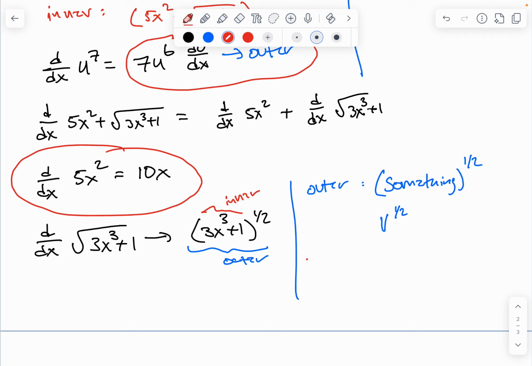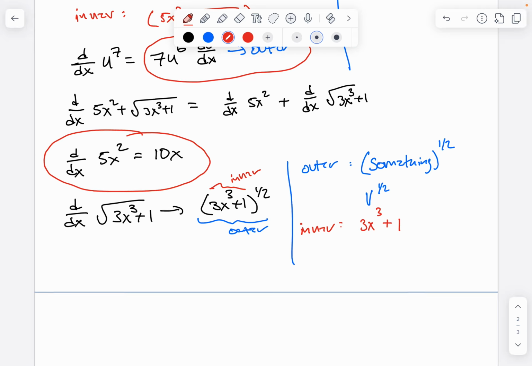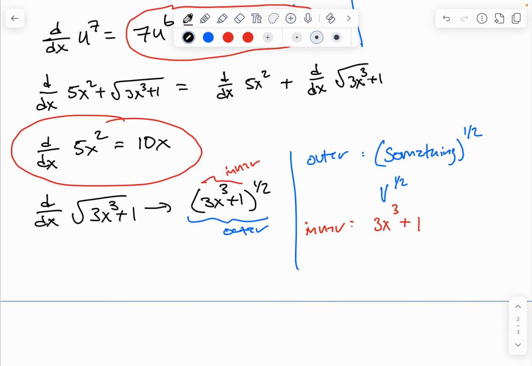And then we have the inner, which is just 3x cubed plus 1. So applying the chain rule formula, which is the derivative of the outer times the derivative of the inner, we have 1/2 times v, which is just the inner.